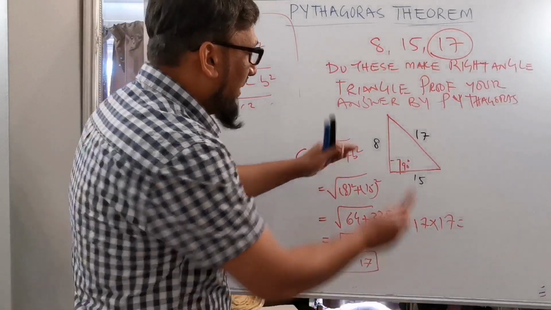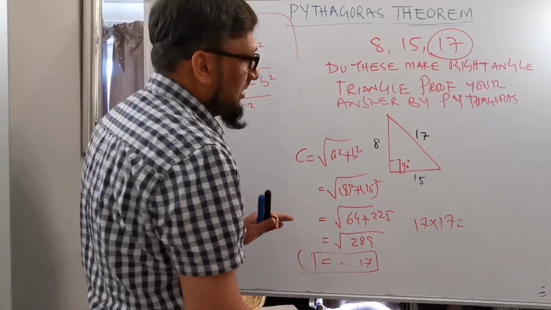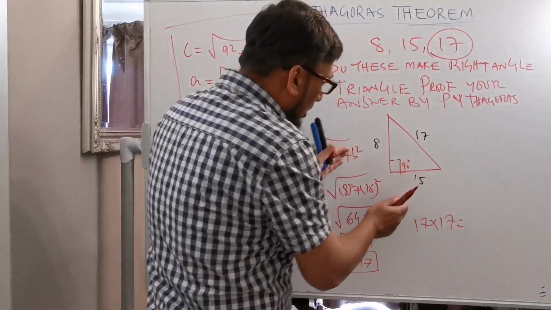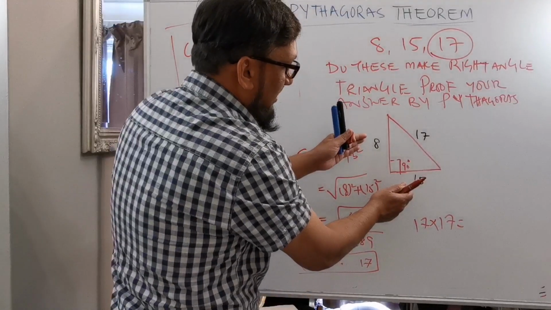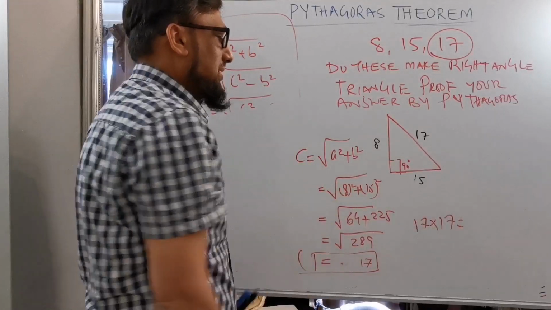Pythagoras says the sum of the squares of two sides is equal to the square of the hypotenuse.